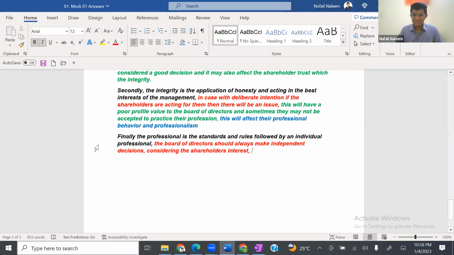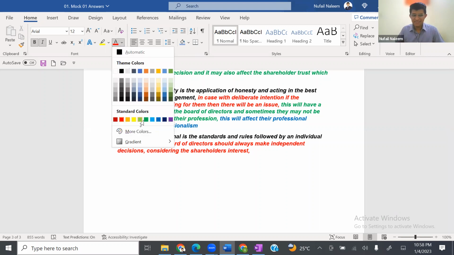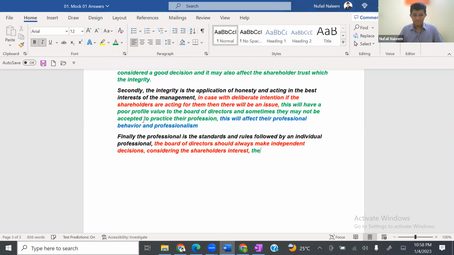So I will just continue this. I'll write down here. Therefore, in the basic aspects of values and trust, directors may lose the networking ability.